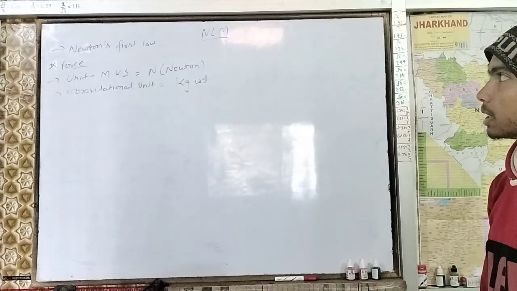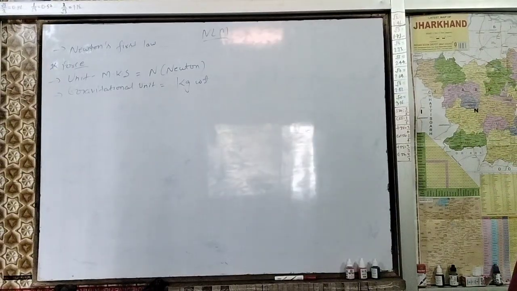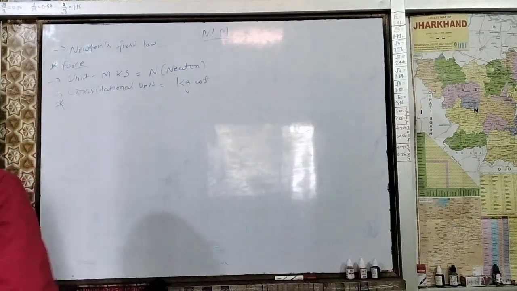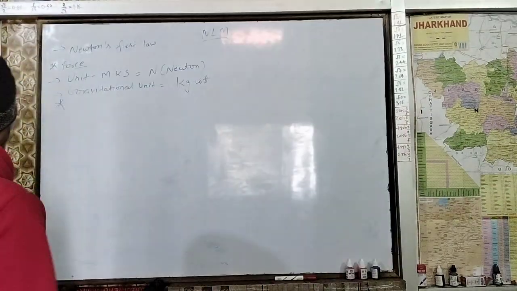First is the unit in MKS, and second is the gravitational unit, kgWt. Here we are already familiar; it's not new for us.